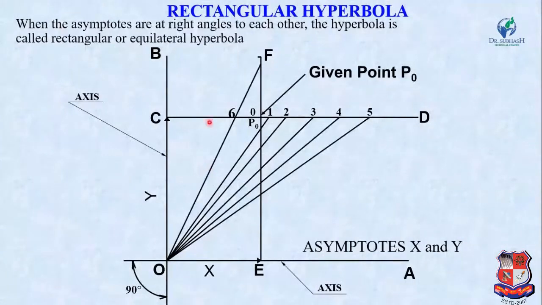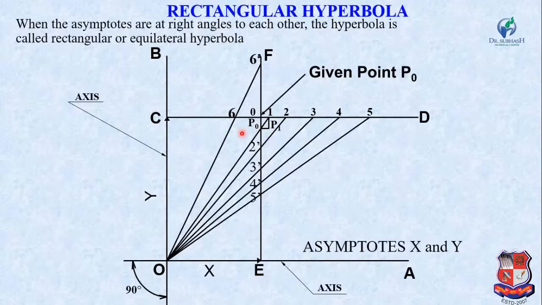Similarly, the intersection points of these lines with the axis EF are 1 dash, 2 dash, 3 dash, 4 dash, 5 dash, and here is 6 dash. Now from point 1 dash draw a horizontal line, and from point 1 draw a vertical line, and this intersection point is P1.